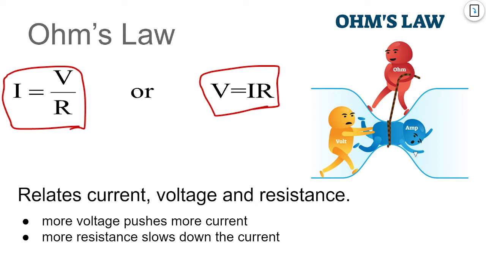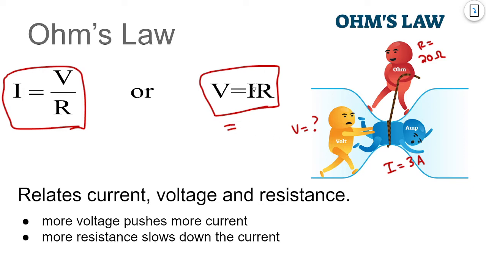I could come in here and let's say that the current is 3 amps, that's a good bit of electricity, and the resistance is 20 ohms. That's my R value. How strong would the voltage need to be to push 3 amps of current through a 20 ohm resistor?